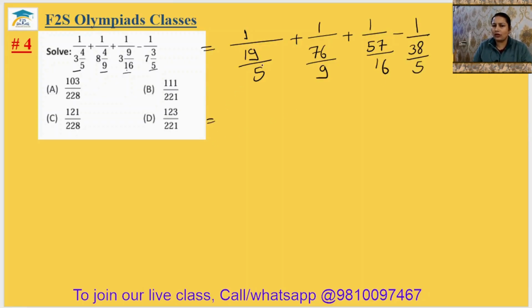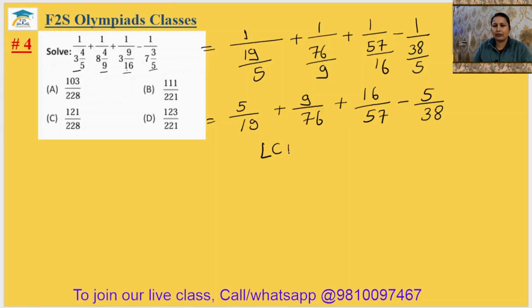Now reciprocating all the fractions, it will be 5 by 19 plus 9 by 76 plus 16 by 57 minus 5 by 38. Now take the LCM of all the denominators. When you take the LCM of 19, 76, 57 and 38, you will get 228. So for all the fractions, the denominator will be 228.